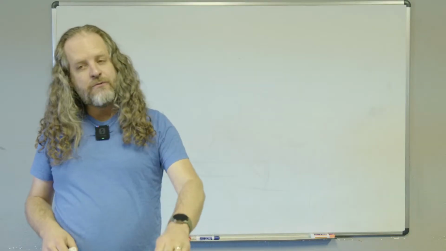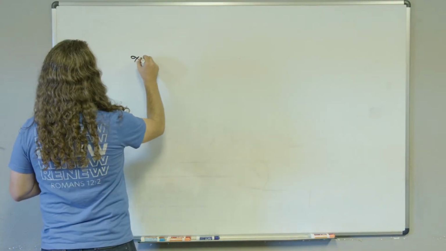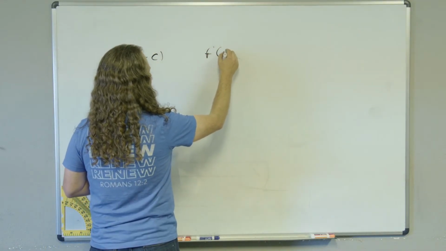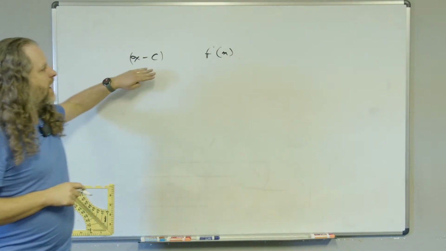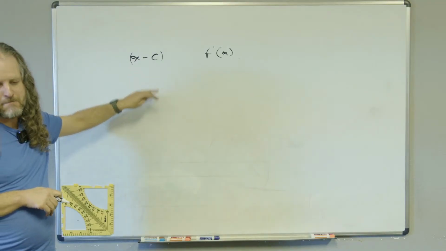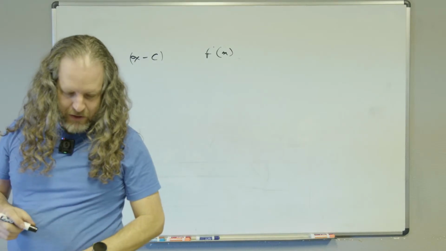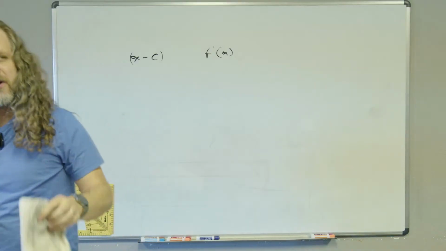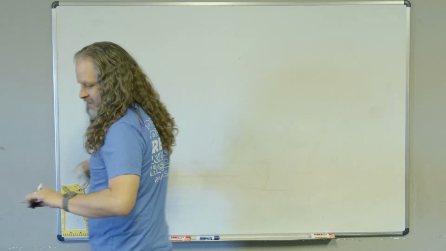So the factor theorem says that x minus c is a factor of f of x if and only if when you divide f of x by x minus c, you get a remainder of 0. So you might have a problem that would ask you to determine whether this particular thing is or is not a factor of the function.